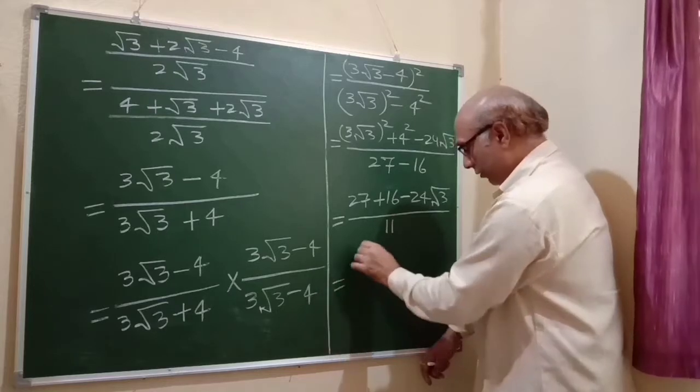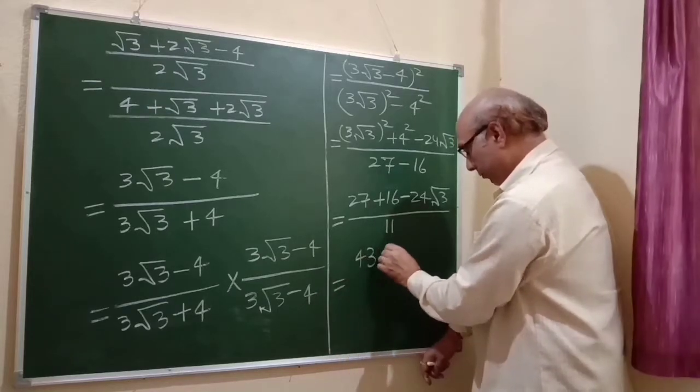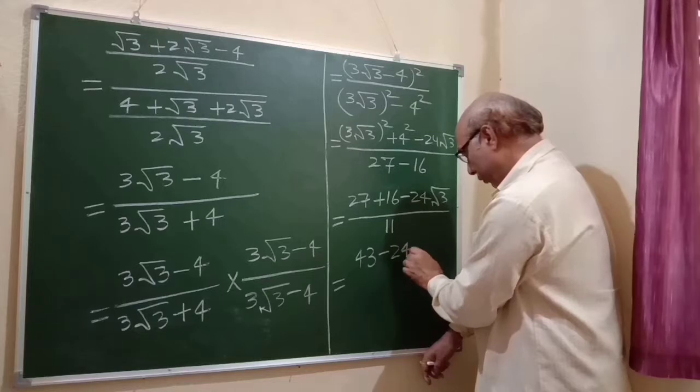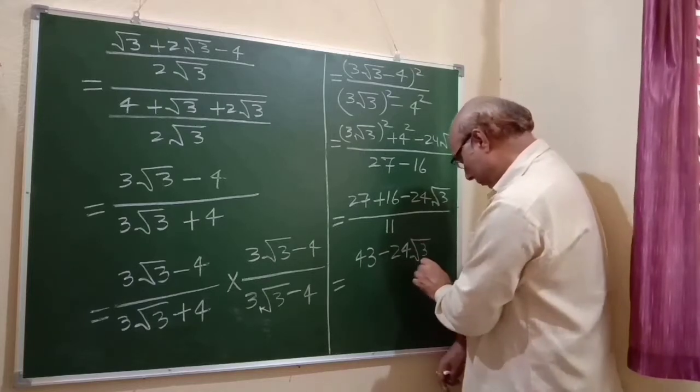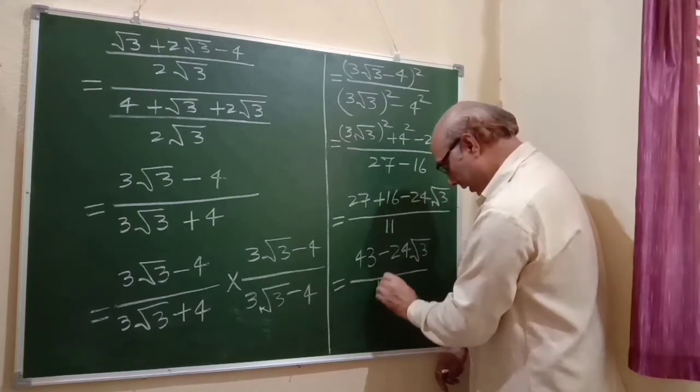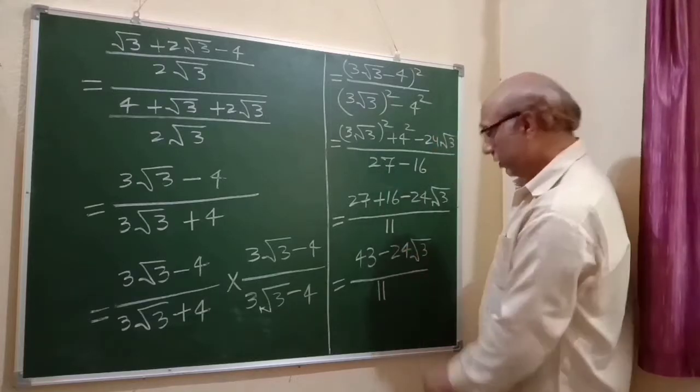Finally we get (43 minus 24 root 3) by 11, and this is your answer.